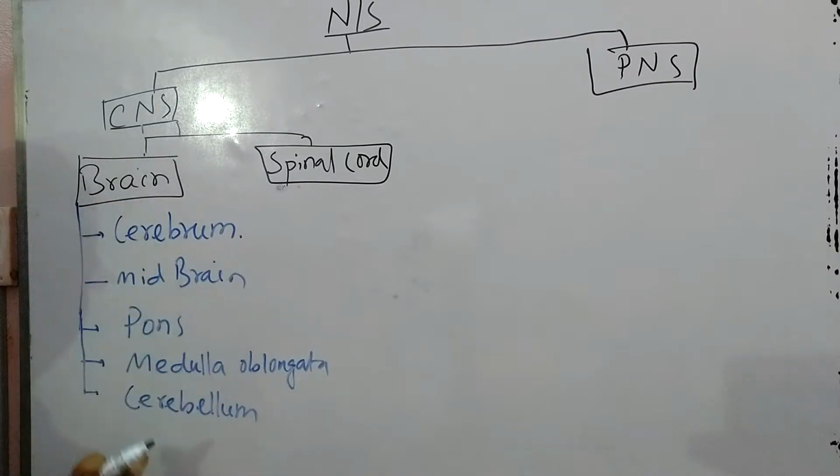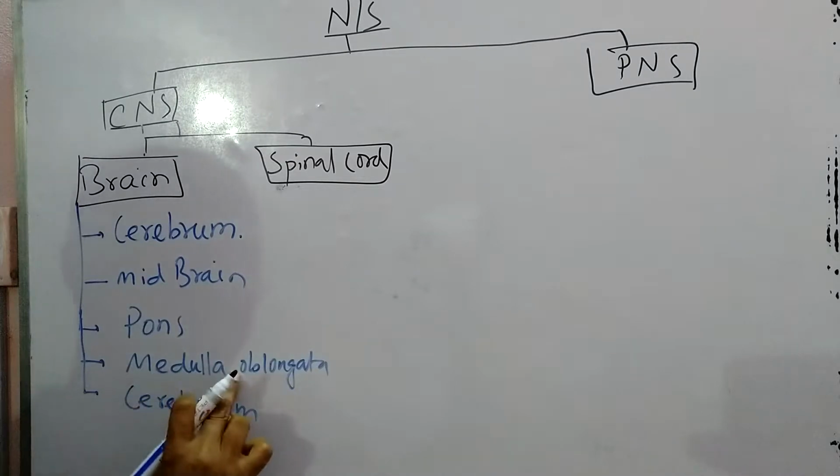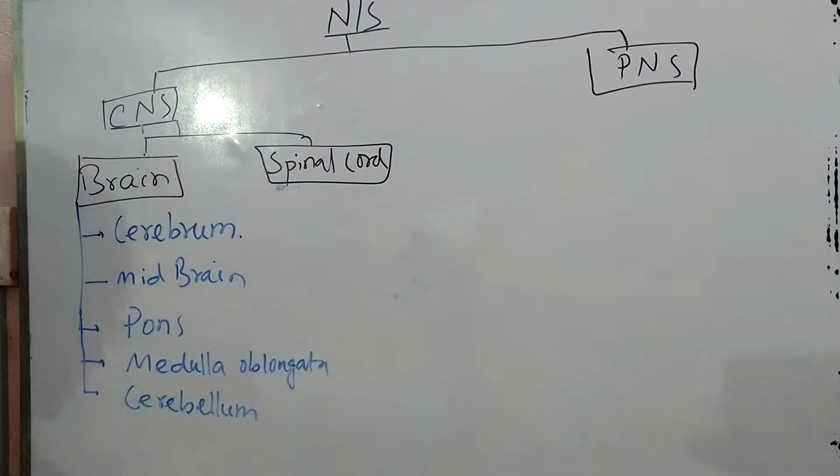The brain has several parts: cerebrum, midbrain, pons, medulla oblongata, and cerebellum.